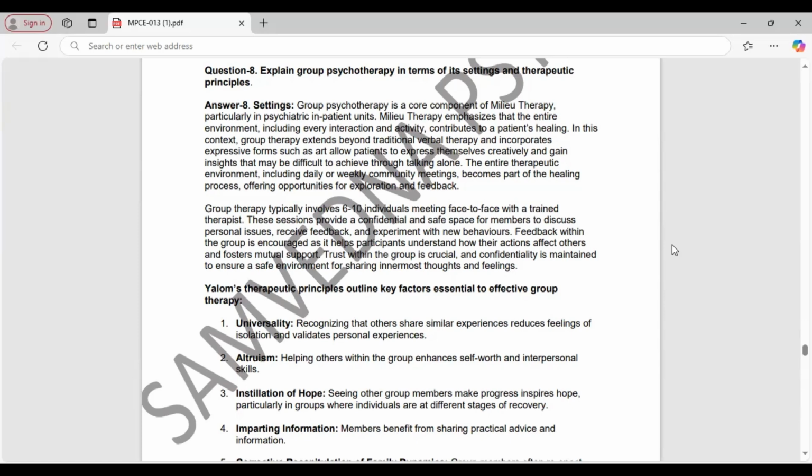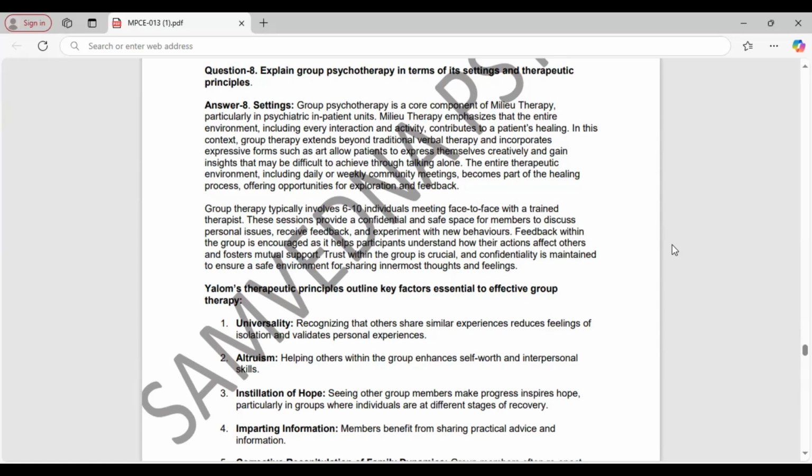Yalom's therapeutic principles outline key factors for effective group therapy, which include universality, sharing similar experiences reduces isolation. Altruism, helping others boosts self-worth and interpersonal skills. Instillation of hope, observing others' progress inspires hope.